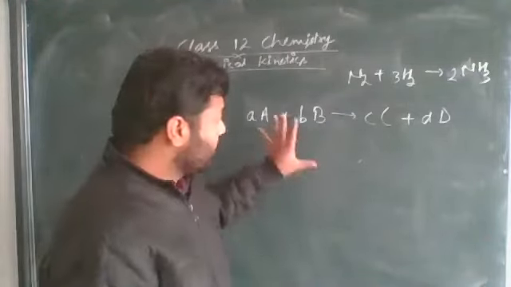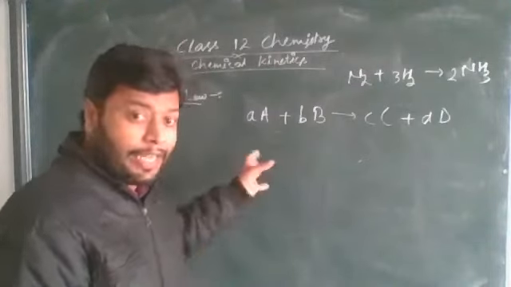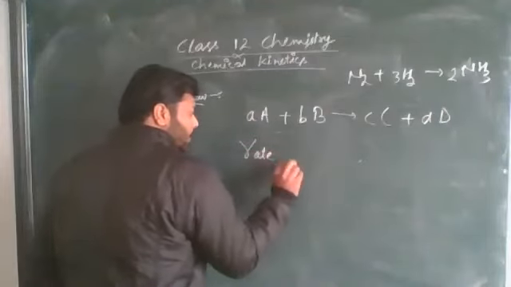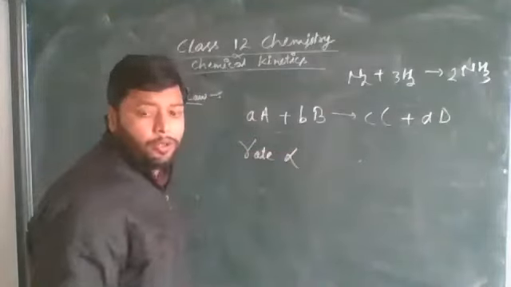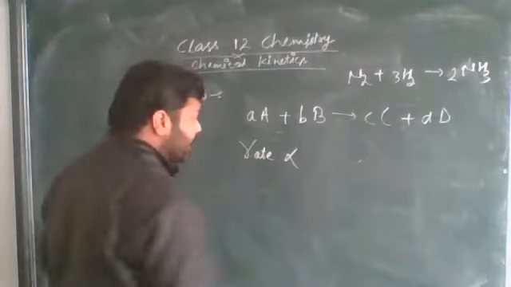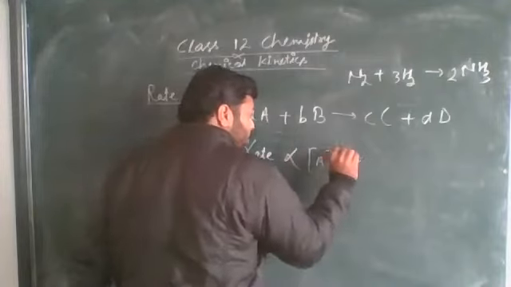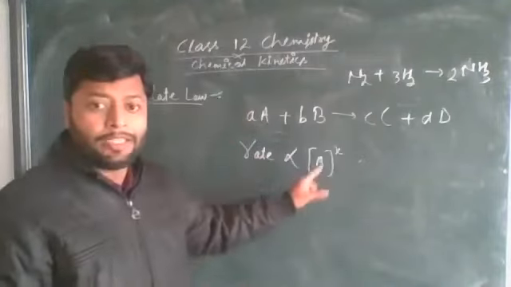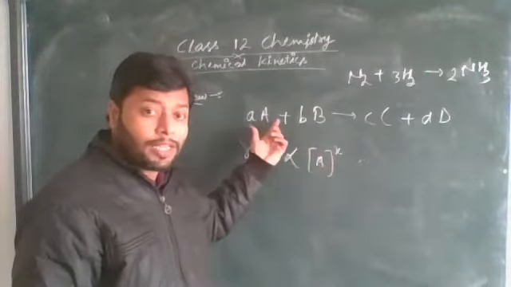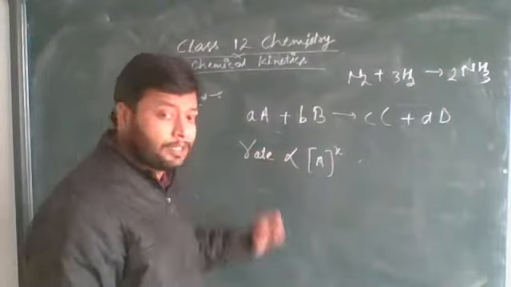For the same, the rate of chemical reaction for this general reaction can be written like this. Suppose the rate of reaction is proportional to the concentration of A to the power x, where this x indicates to which extent the molar concentration of A decides the rate of reaction.